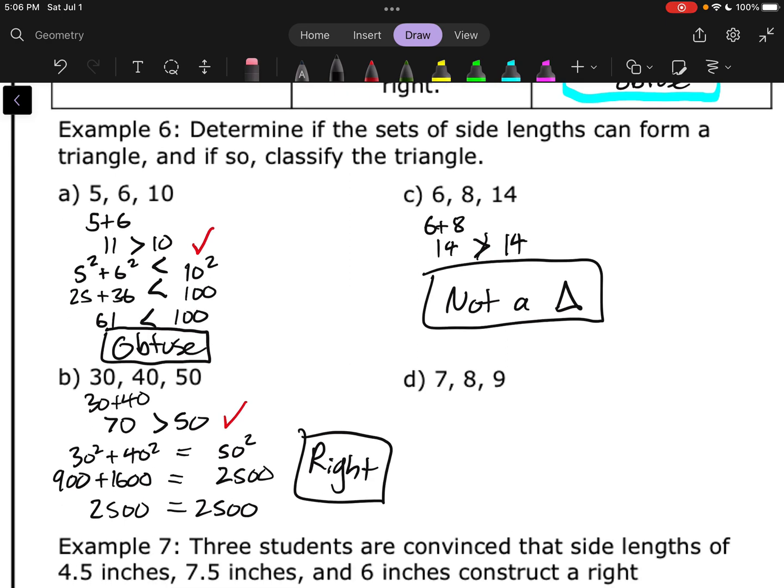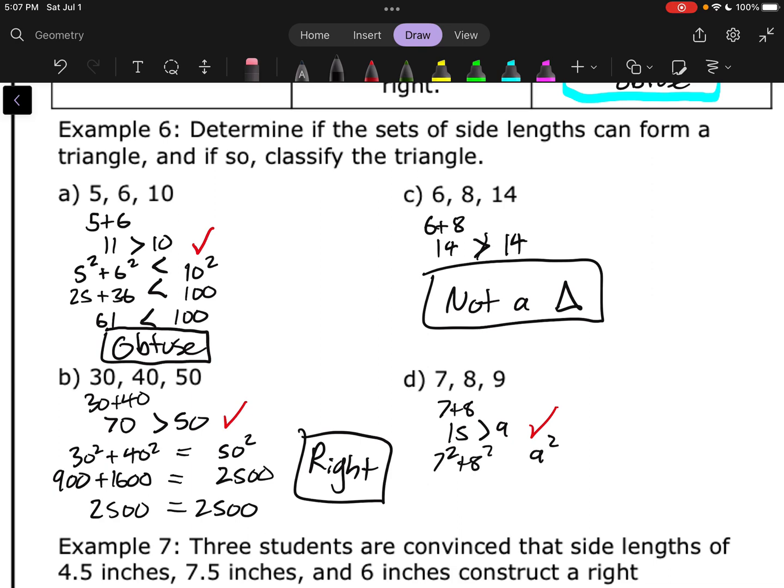And then D. So for D, we'll do 7 plus 8. Compare that to 9. 7 plus 8 is 15. 15's bigger than 9. So that is a triangle. So that's a check right there. Now let's see what kind of triangle it is. We're going to do 7 squared plus 8 squared.